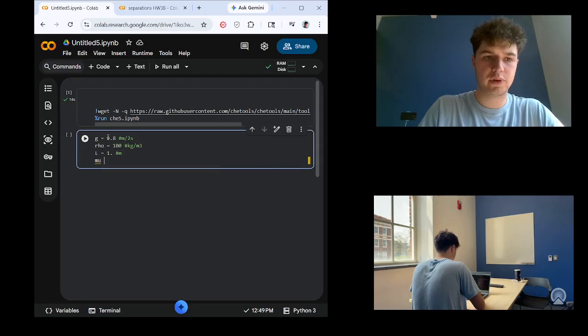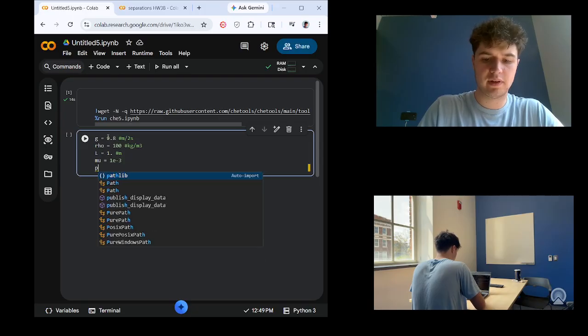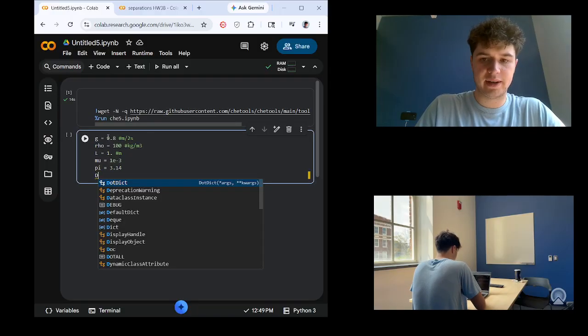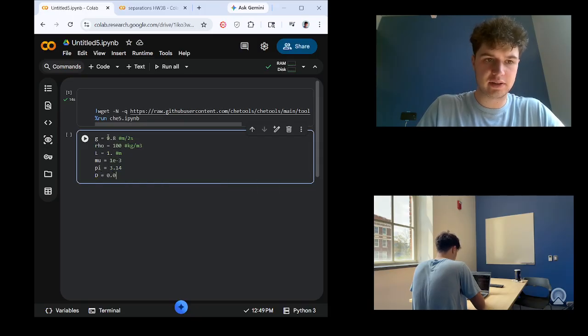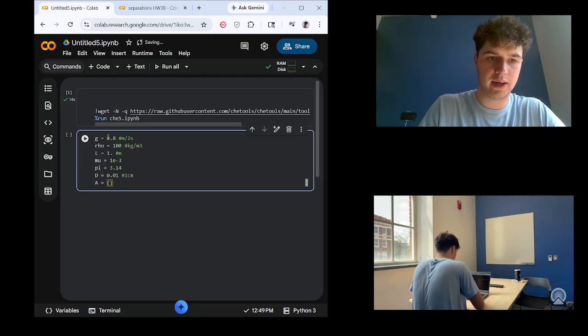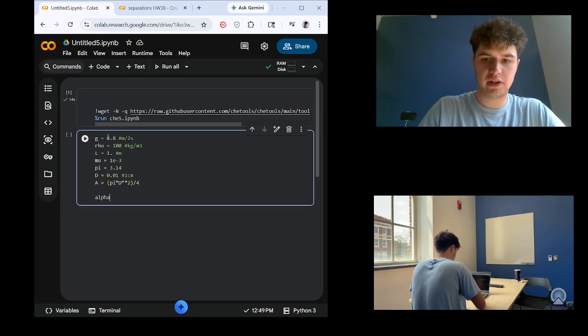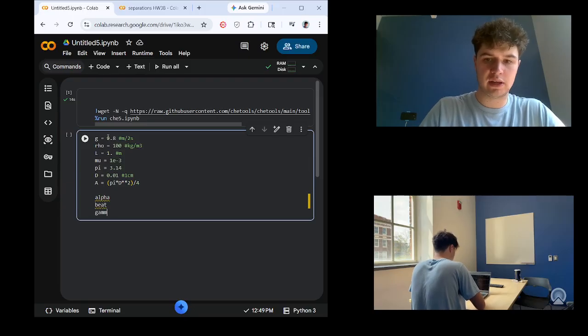Our mu, we're going to set equal to 1e to the negative third. Pi is going to be 3.14. Our diameter from the specs is 1 centimeter. Our area is going to be equal to pi times diameter squared divided by 4. And now we also need our alpha, beta, and gamma.